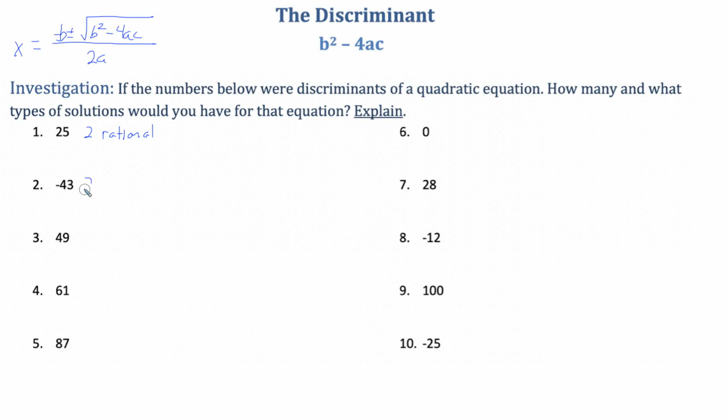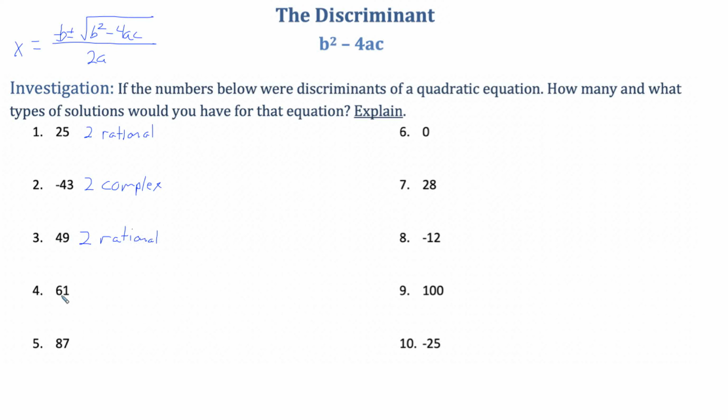So we still have two, but this time we have two complex, or two imaginary solutions. 49 is 7 squared, so it fits the same idea as 25. We had negative b plus or minus 7, because the square root of 49 is 7, all over that. So we would have two solutions, and they would be rational.